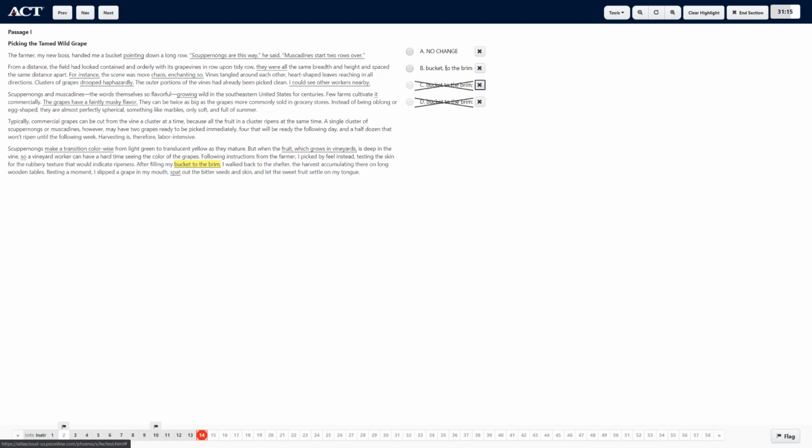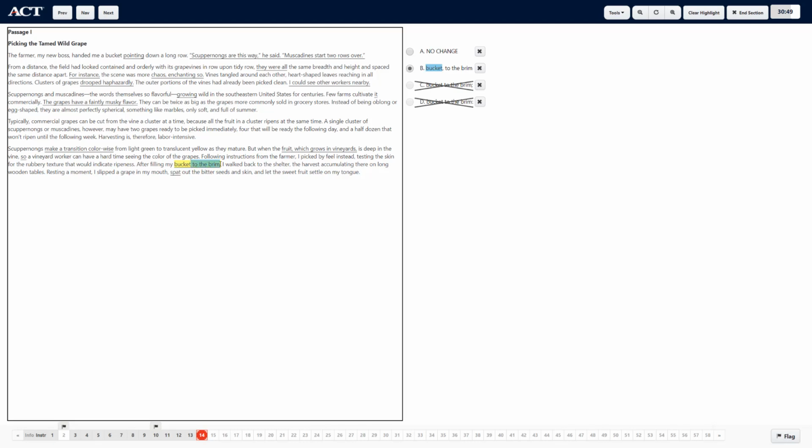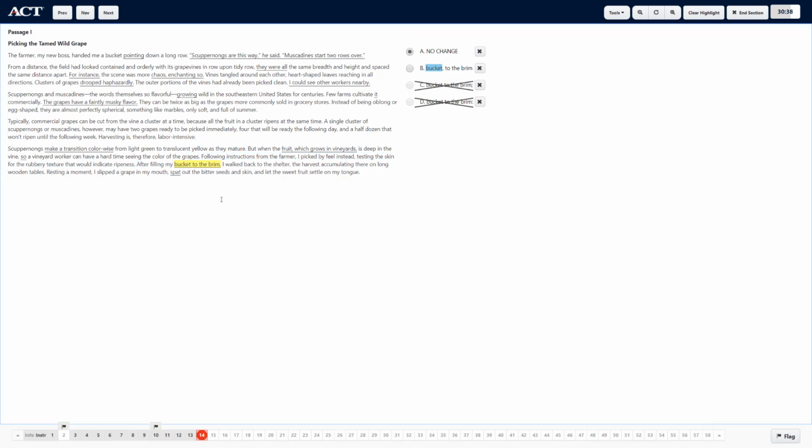So why is A? Because here we are interrupting two essential parts. When we have a comma, most of the things inside the commas could be eliminated and the sentence would still make sense. So if we eliminate after filling my bucket, it will still make sense, right? But if we eliminate to the brim, it does not make any sense on its own. So it's A, no change.